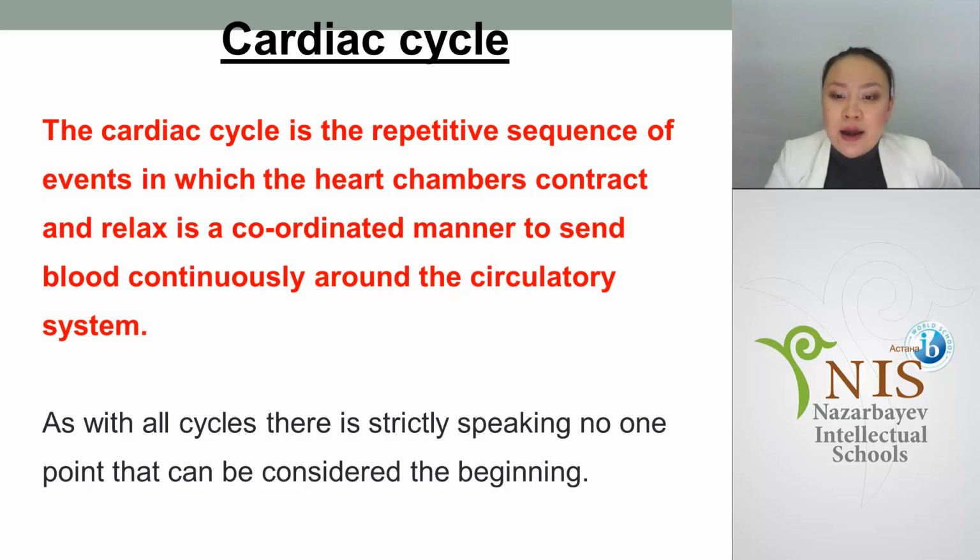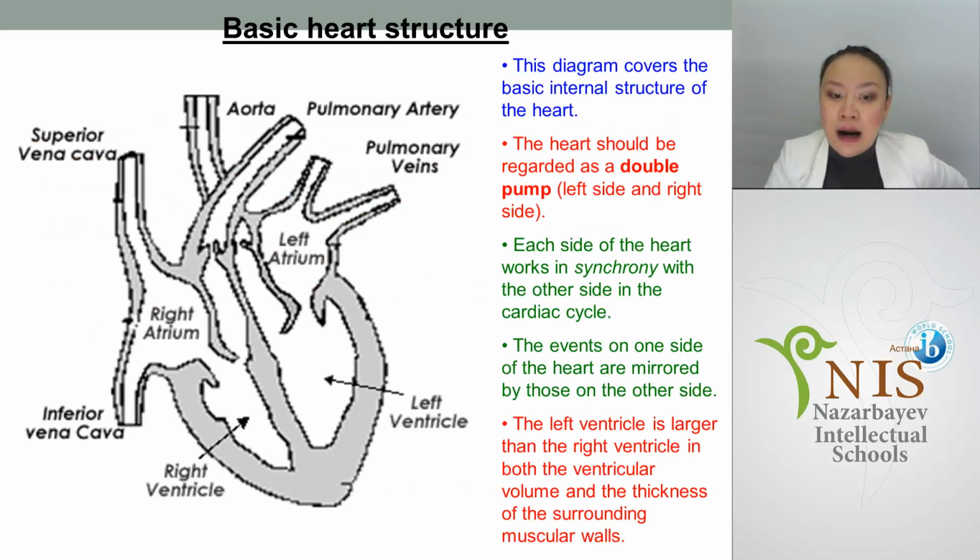The cardiac cycle is the repetitive sequence of events in which the heart chambers contract and relax in a coordinated manner to send blood continuously around the circulatory system. As with all cycles, there is, strictly speaking, no one point that can be considered the beginning. We couldn't say here the heart starts to work; it is circulation, like a circle.